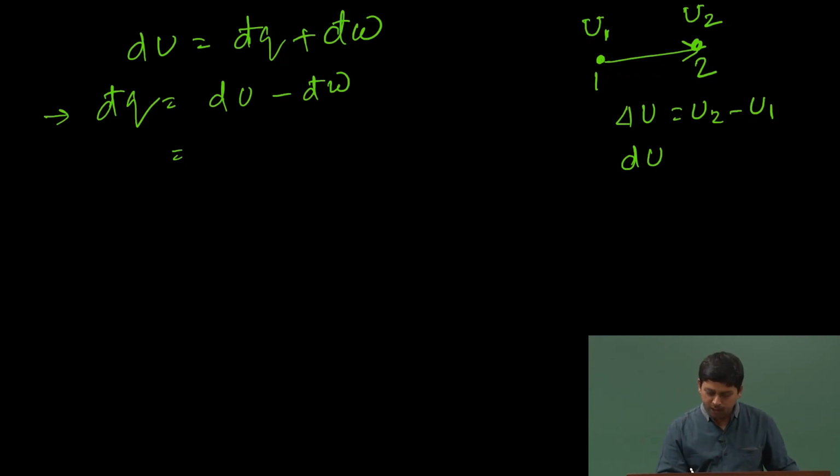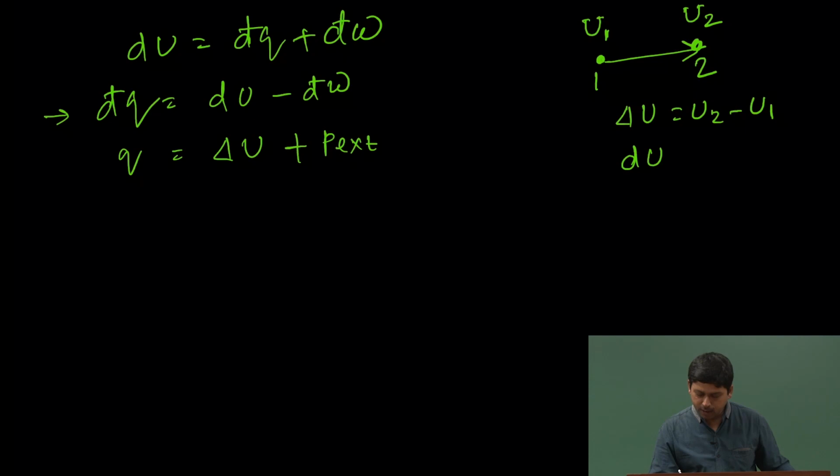So, let us say q equal to delta U minus dw, means plus P external delta V. You see, can I write like that? I can write like that only when, yes, why are you not?